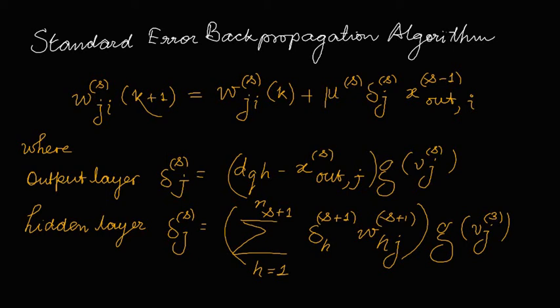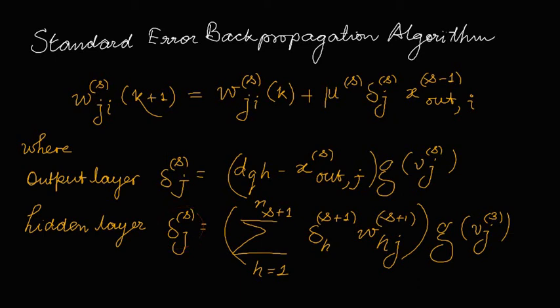Whereas in this expression, when delta is to be evaluated for the hidden layer, its evaluation is different from this one. So here we are going to have a summation over the previous layer, or rather next layer, deltas weighted with corresponding weights, and this is being multiplied with this g'(v_j3), and then we get this value.